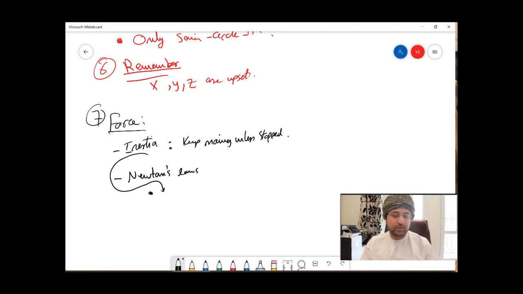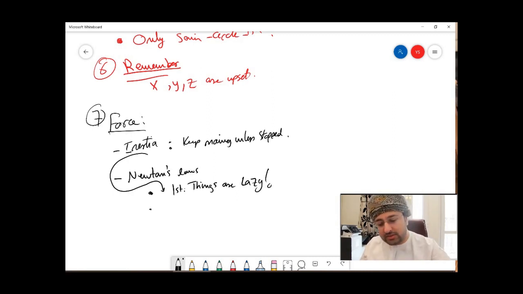First law of Newton is, if something is not moving, it's not going to move unless you force it to. If something is already moving, it's not going to stop unless you force it to. In other terms, things are lazy. They will not move or stop unless you force them to.